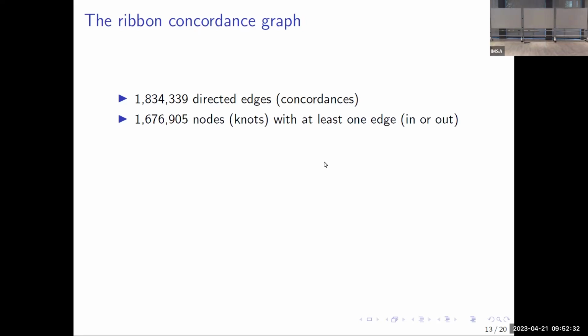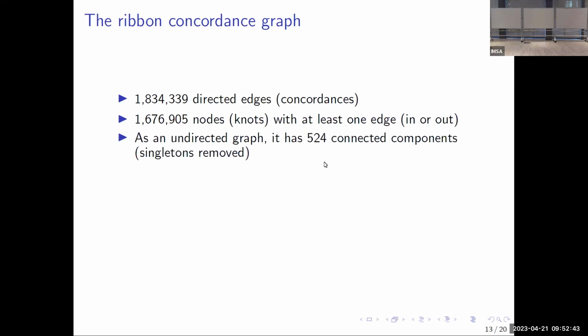In this graph, there were 1.6 million nodes with at least one edge, where nodes correspond to knots, going in or out. Mostly they're going out. In fact, almost all of them were going out to something eventually leading to the unknot.